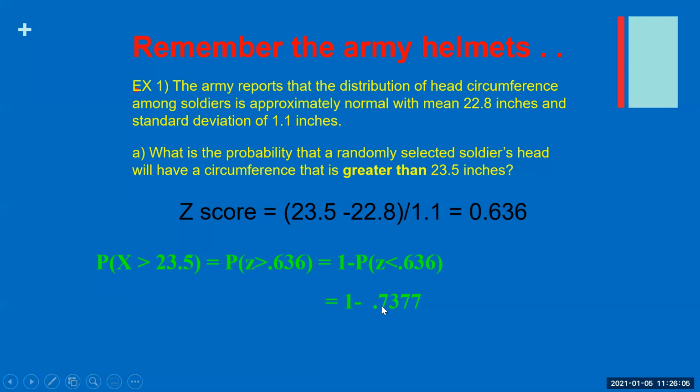We should get 0.7377. And again, since it's greater than, we want to subtract it from 1. So 1 minus 0.7377 gives us a probability of 0.2623, or we could say about 26.23% of soldiers' heads will have a circumference that is greater than 23.5.